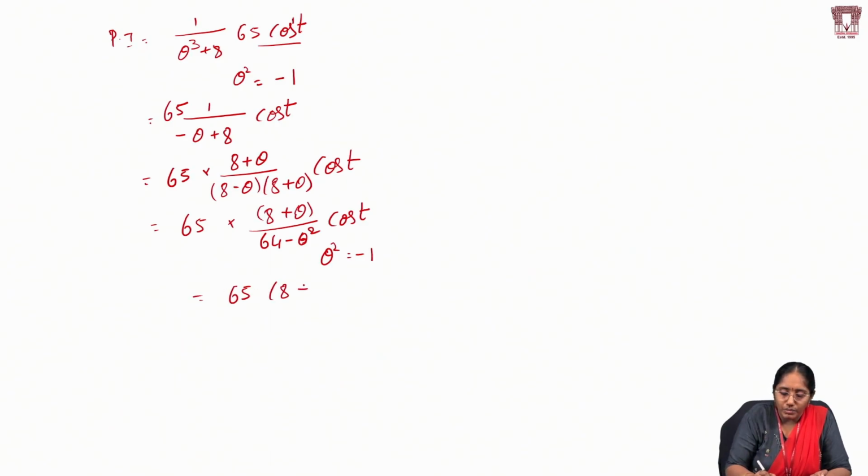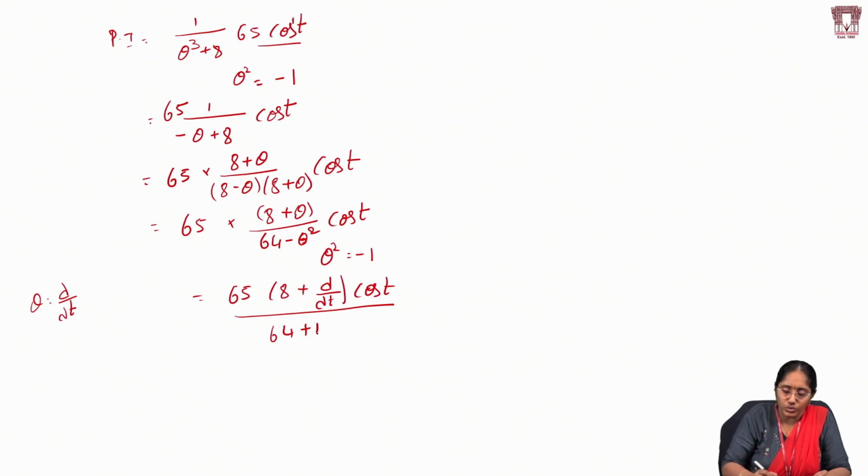65 into 8 plus theta. What do we mean by theta here? It is d by dt, the derivative with respect to t. So d by dt of cos t, by 64 plus 1.